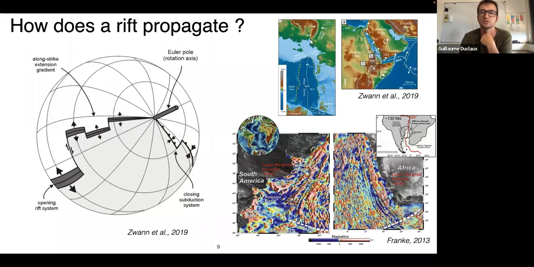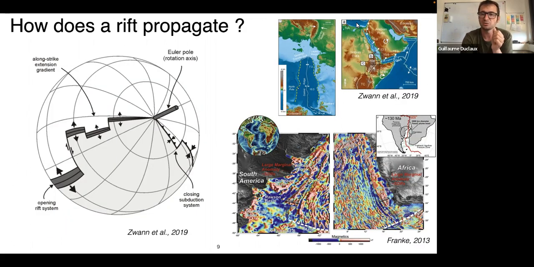So the Euler pole, the pole of rotation, will be somewhere here inland in this area, and the spreading tends to propagate in this system. There are some beautiful examples also in the East African Rift, where you've got some spreading going on. You've got that for the Red Sea here, where you've got active spreading of the rift.